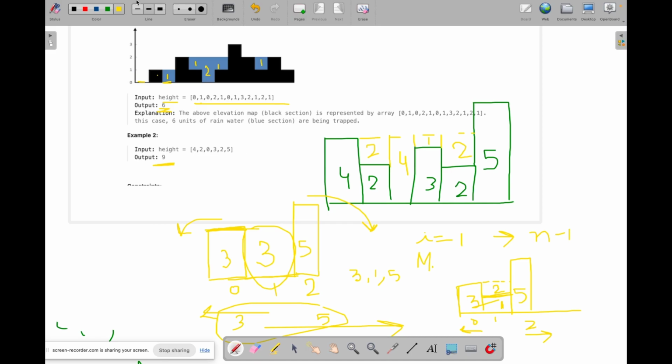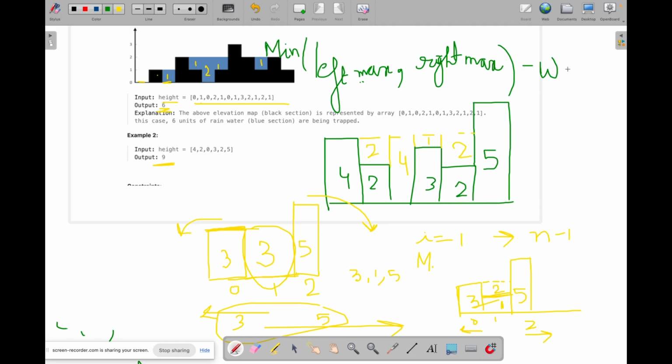So what I'm saying is, at each index, the water I can trap is the minimum of left max, right max, minus the height of the wall.